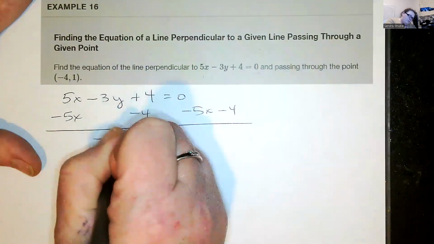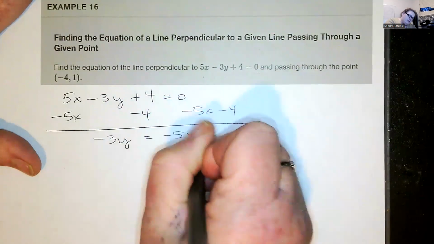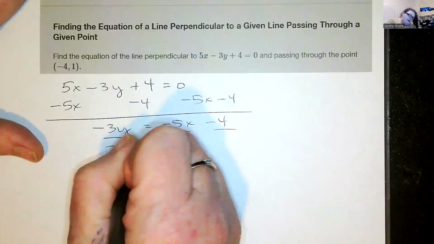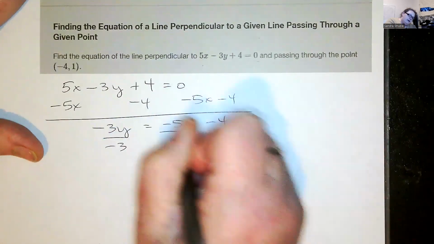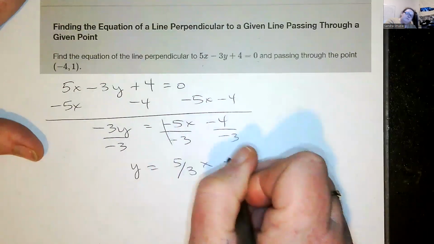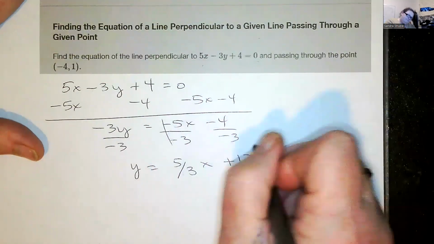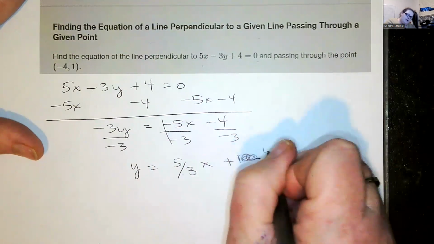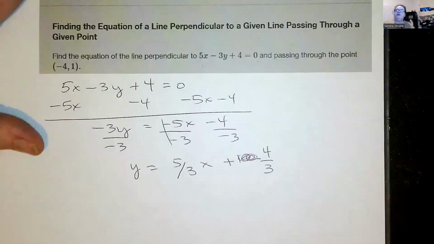And I get negative 3y is equal to negative 5x minus 4. Divide everything by negative 3. And I get y is equal to 5/3 x plus 4 over 3.